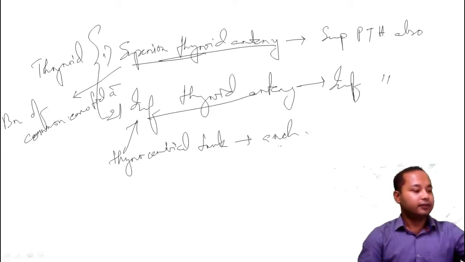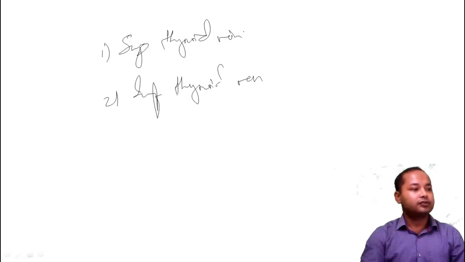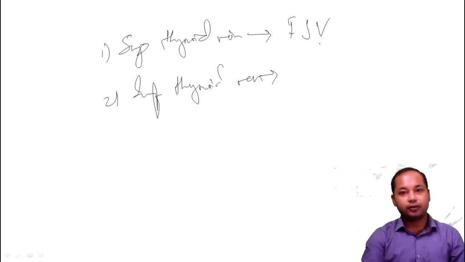But when you consider the venous supply, here I will mark it out. There is a superior thyroid vein and there is an inferior thyroid vein. So the superior thyroid vein is directly draining into the internal jugular vein, just like the common carotid artery.